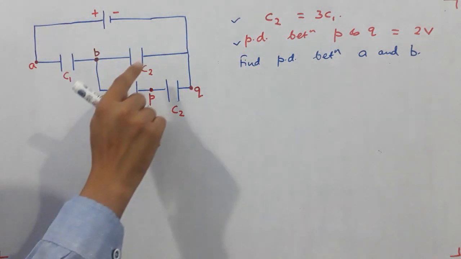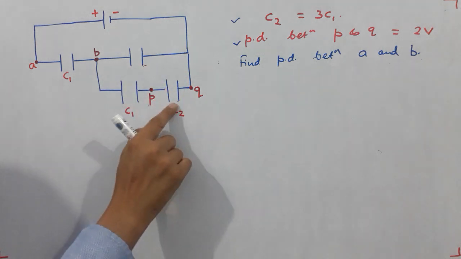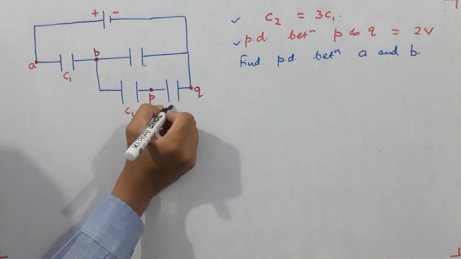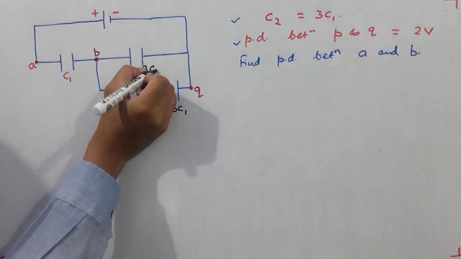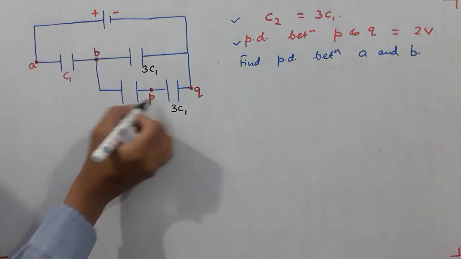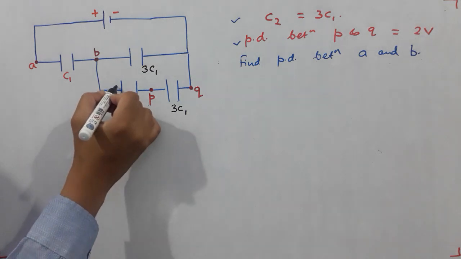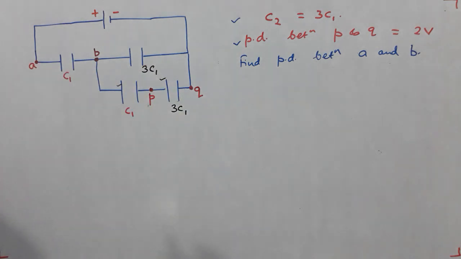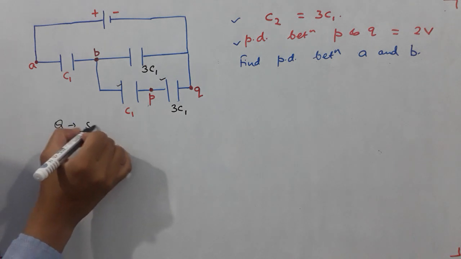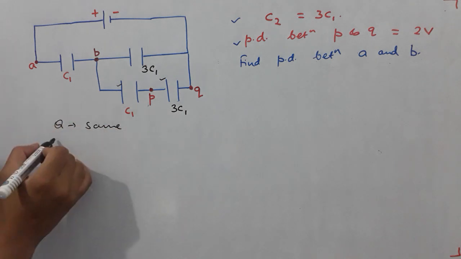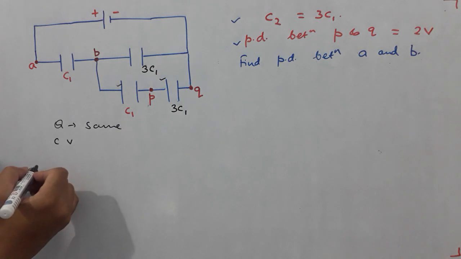Now C2 is thrice of C1, so let me substitute that value at these two positions. This is 3C1, this is also 3C1. You see these two capacitors, they are in series. In series, you know students, charge will remain same. Now what is charge? Charge is C times potential difference.